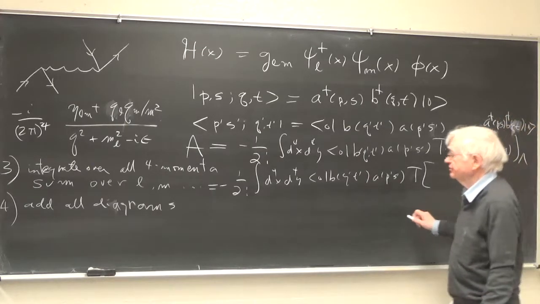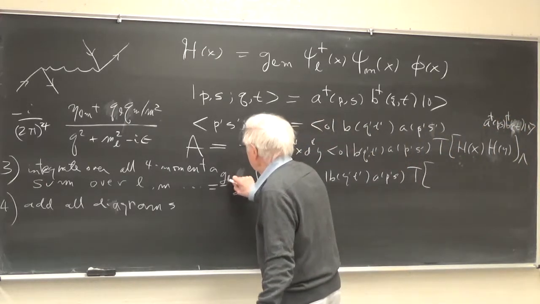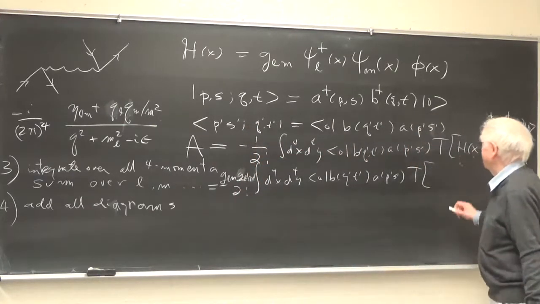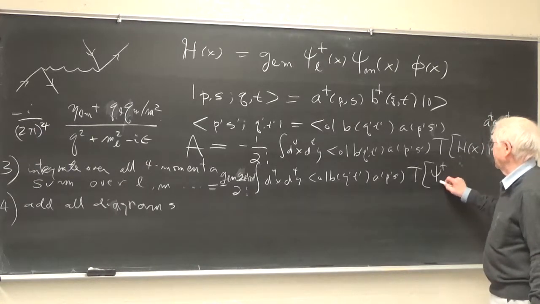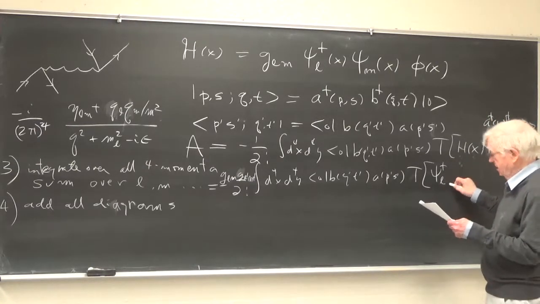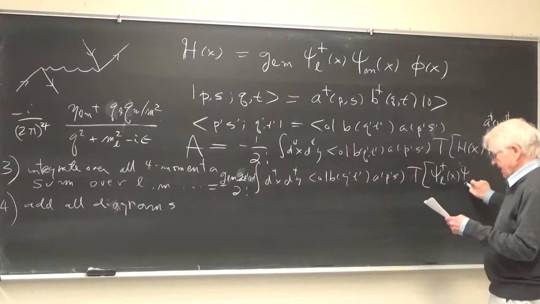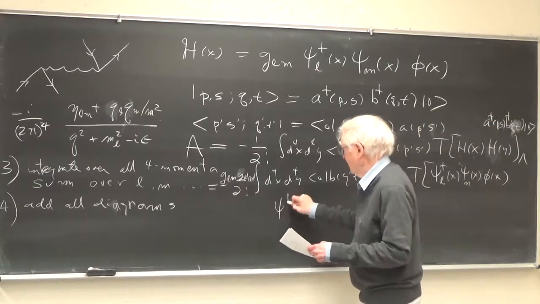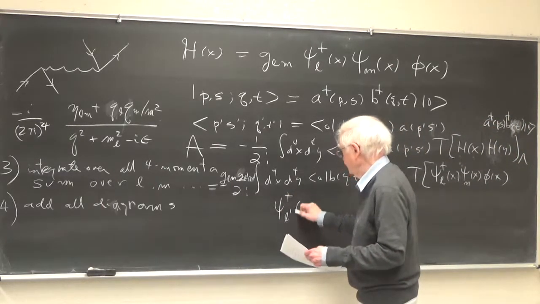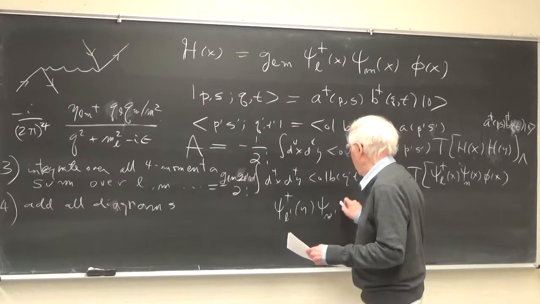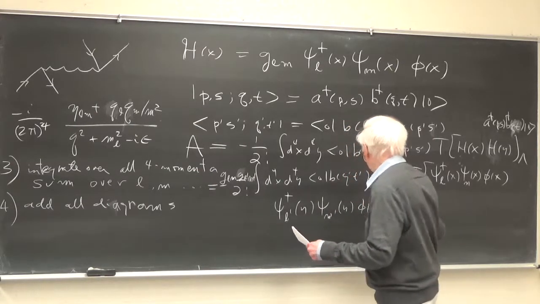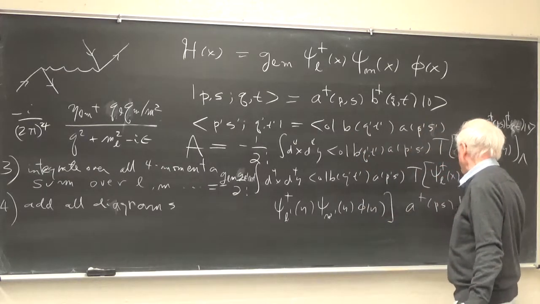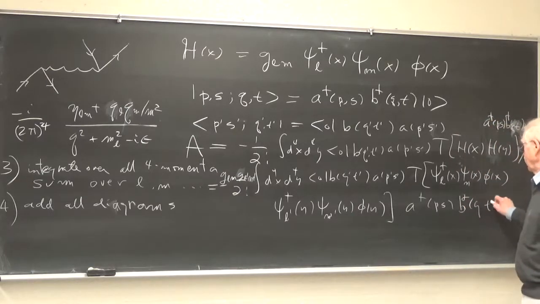We have, let us say, G_LM, G_L'M', and then we have psi dagger L of X, psi M of X, phi of X times psi dagger L prime of Y, psi M prime of Y, phi of Y, and then a dagger of P and S, B dagger of Q and T on vacuum.